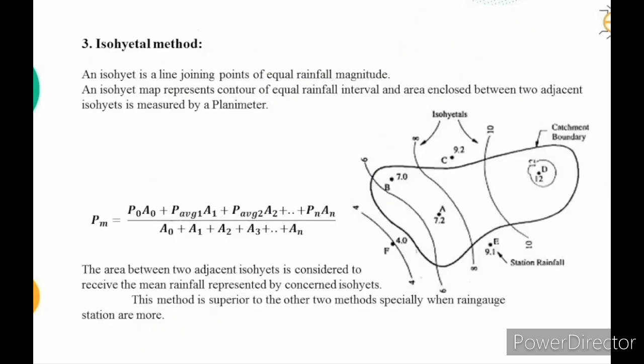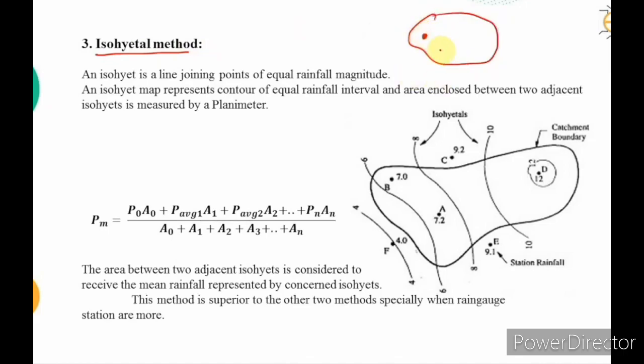First of all, let us see what an isohyet is. In an area, these are the different points representing the rainfall falling in the area, say 10 cm.